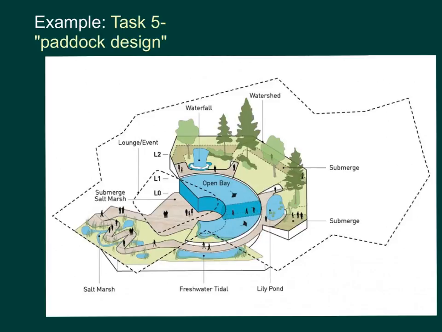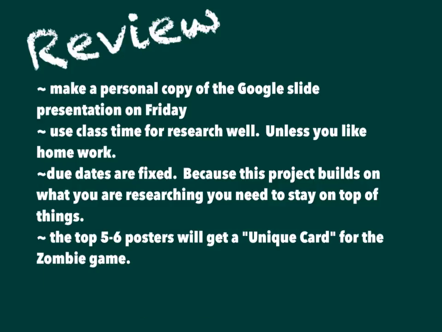Or you might need cliffs or perches for birds of various sorts. So really be creative. Think about what your biotic and abiotic needs for your creature are and synthesize that all into your paddock design.